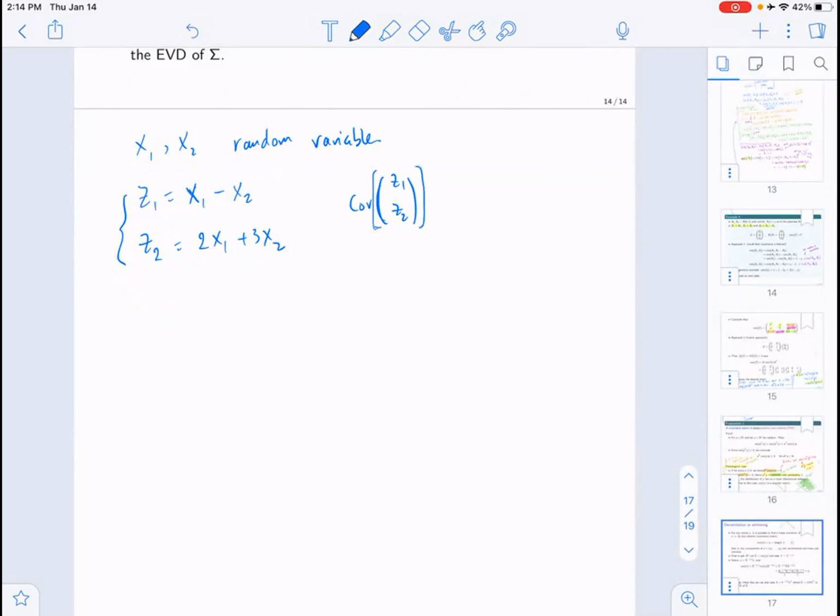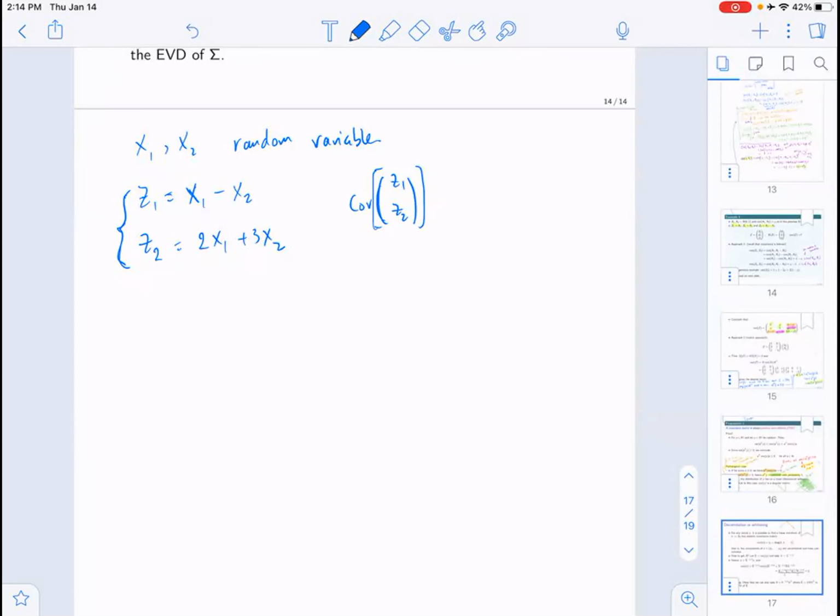I would need some information to be able to compute this. Does anyone know what kind of information I would need to know about x1 and x2? If they're independent? Yeah, that would help, but I need less than independence. I need something about their joint distribution, but independence is too much.